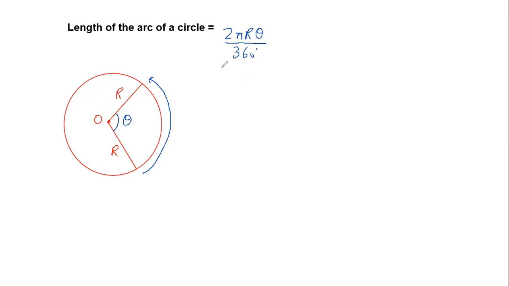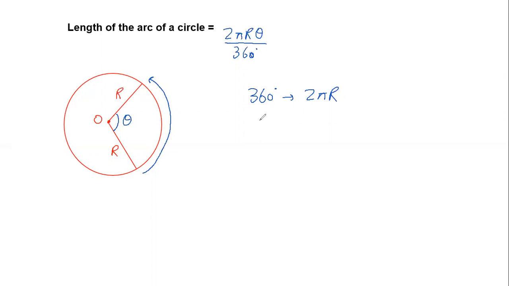It is just a part of the circumference of the circle. So the formula here is 2 pi r theta by 360. But how is this formula developed? If the central angle is the complete 360 degrees, the length of the arc will be the entire circumference, 2 pi r.